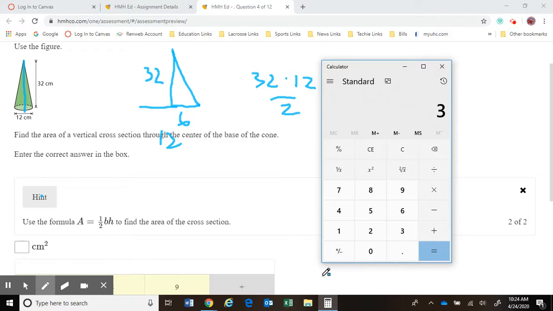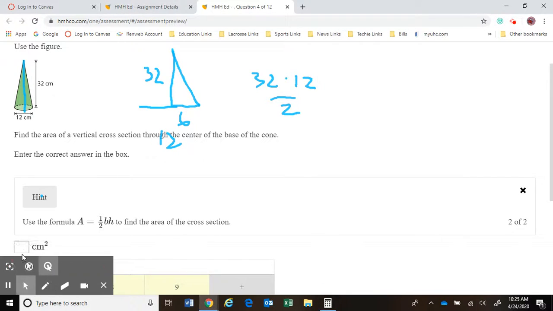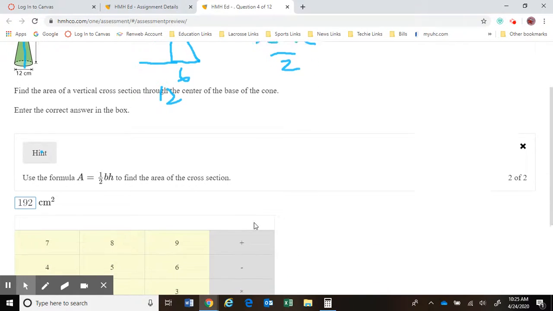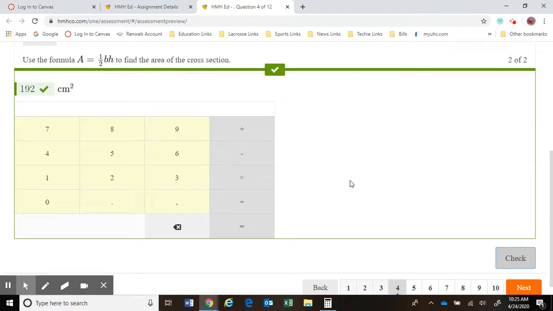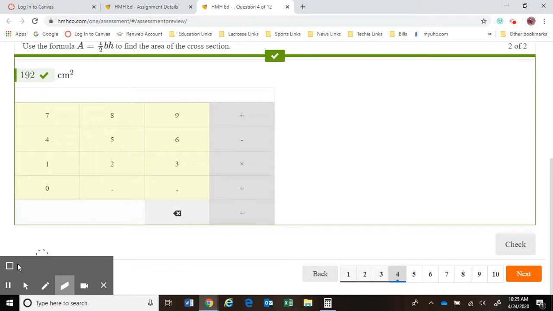Okay, 32 times 12 divided by 2, and you should get 192 centimeters squared. Hopefully you're starting to see that when you get that cone, you've got that triangle. Check it, we're good. All right, let's clear this out and move on to the next one.